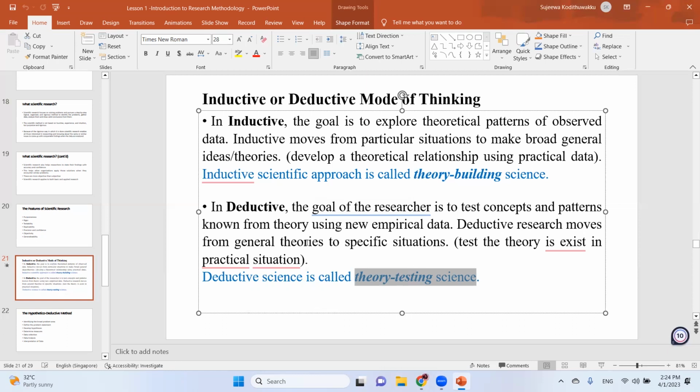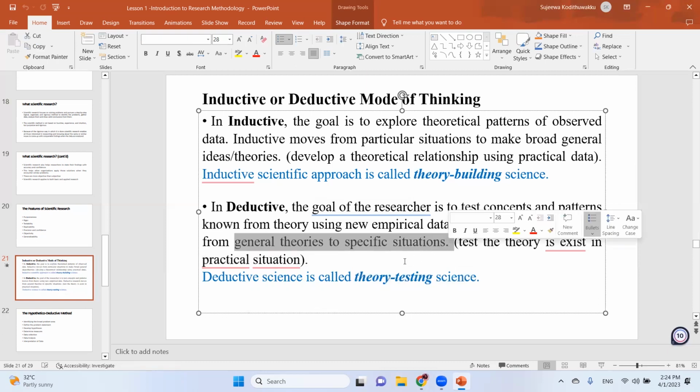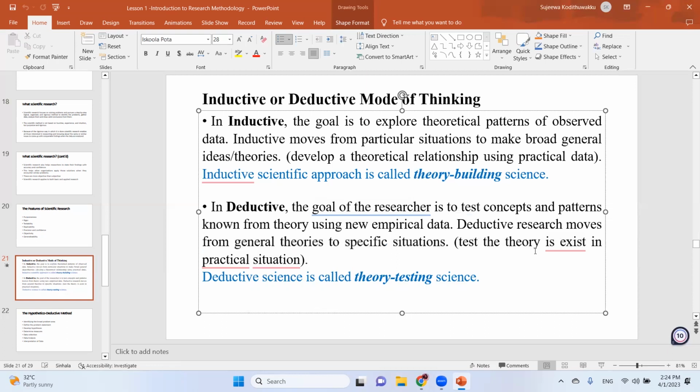Then you have the common theory, demand and supply theory, and you are going to apply it to manufacturing oriented organizations. So, general theories to specific situations. That's the difference. Then test whether the theory exists in the particular situation.